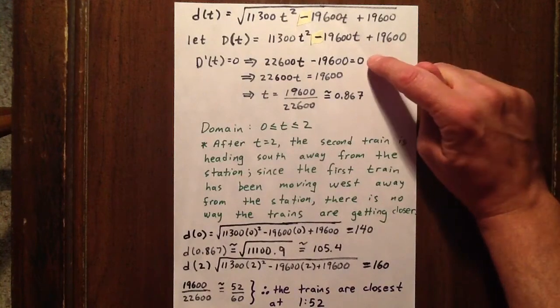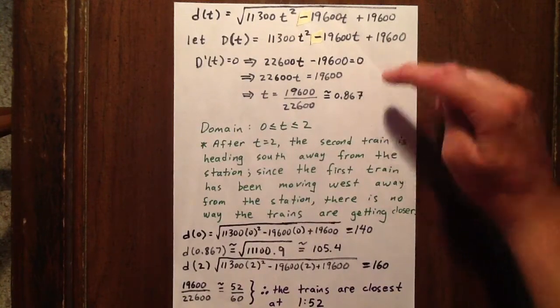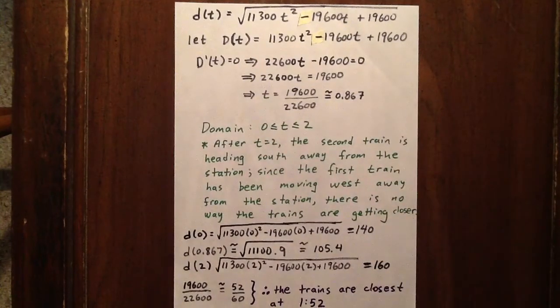Now, taking the derivative and setting it equal to 0, I get a t value of approximately 0.867. Now, my domain is all t values between 0 and 2.